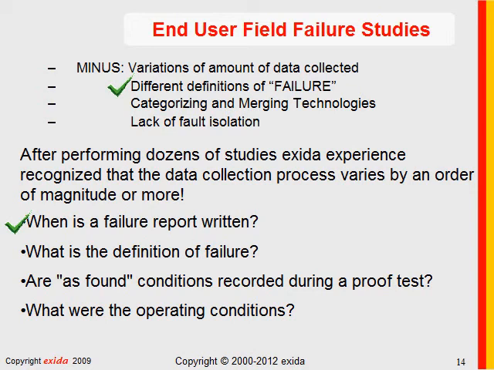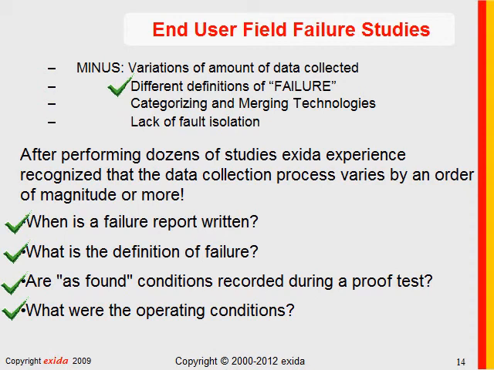Sometimes it's written, for example, in one case, a failure report was written only when a product was sent out for repair. They didn't even count it as a failure if they could fix it in-house. That was not good. What is the definition of failure? Are as-found conditions recorded during a proof test, and what were the operating conditions?